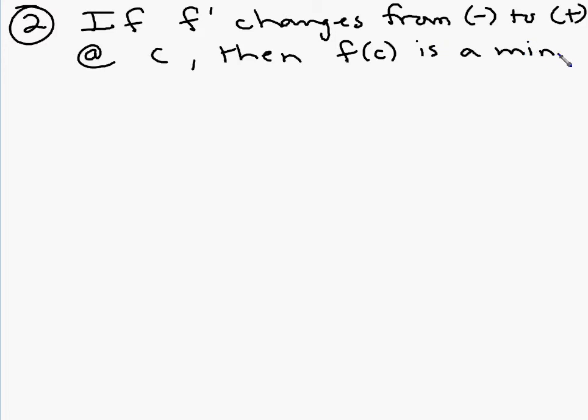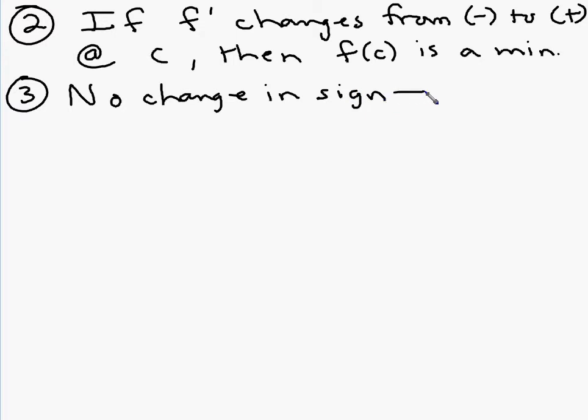And it is possible that there's no change in sign. So number three is if there's no change in sign, then there's no max or min. Like I said, we're not going to be worried much longer about whether it's local or absolute.